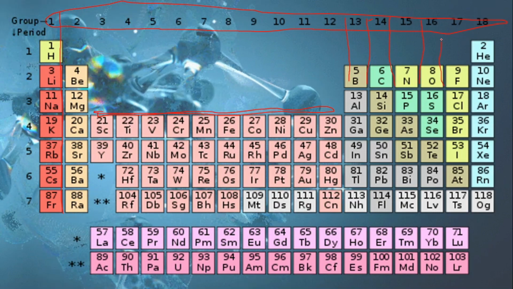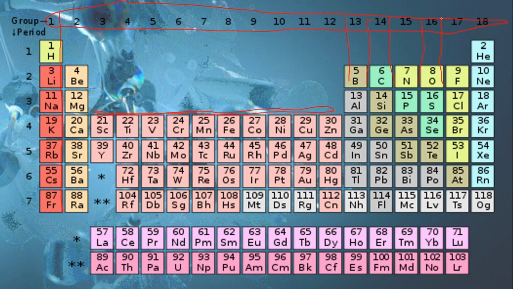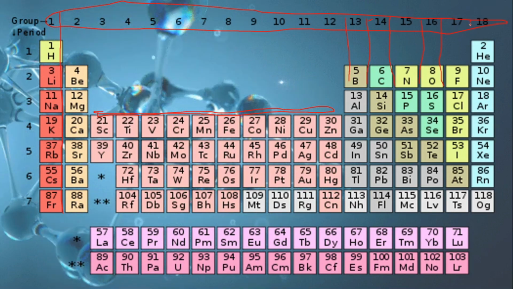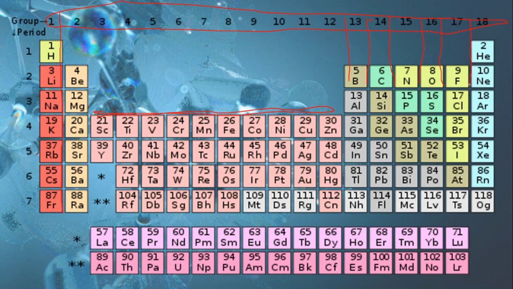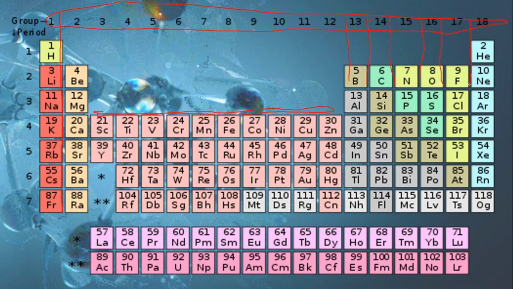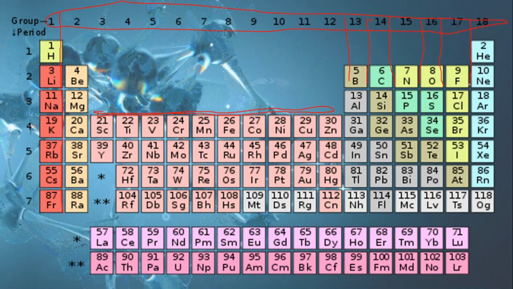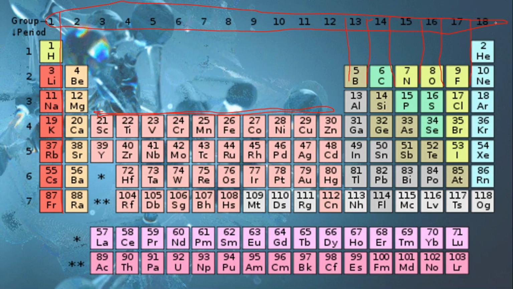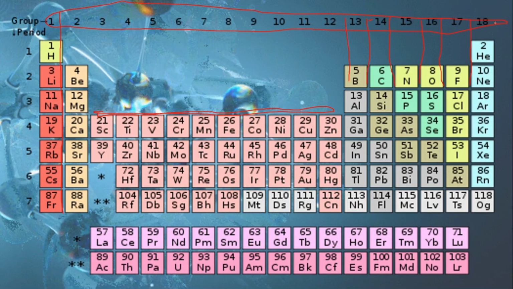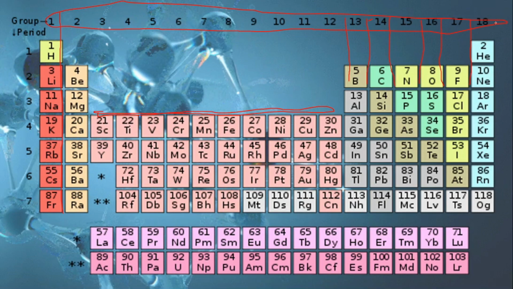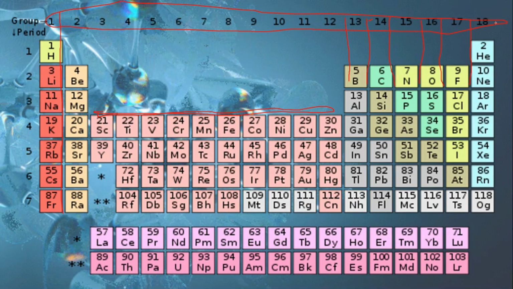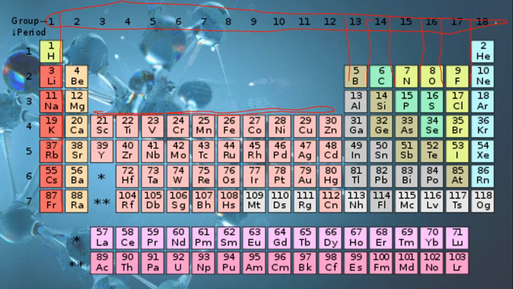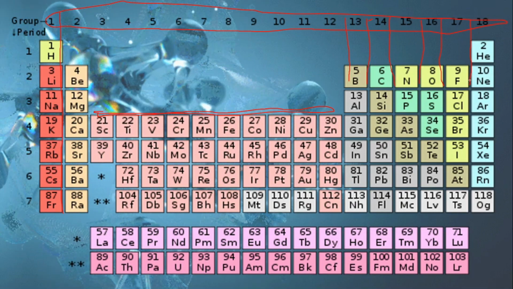The oxygen group has a valence electron of 6, and the fluorine group has a valence electron of 7. Group 18 belongs to the group of noble gases and has a valence electron of 8, which is also considered as stable elements.